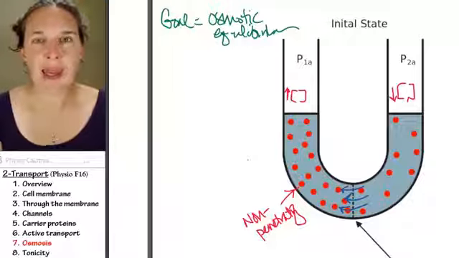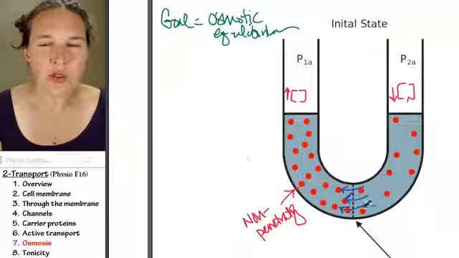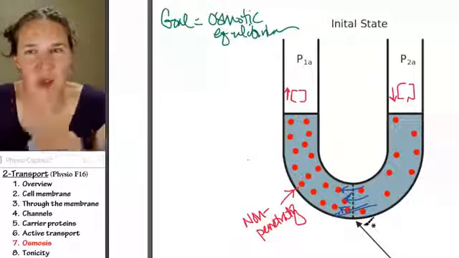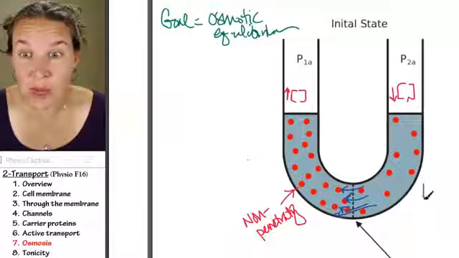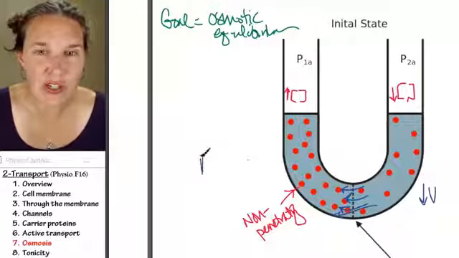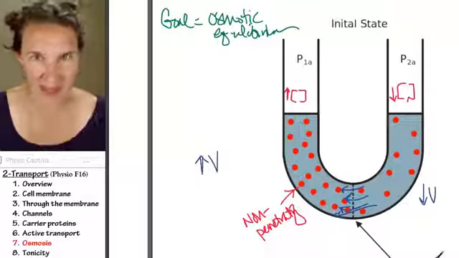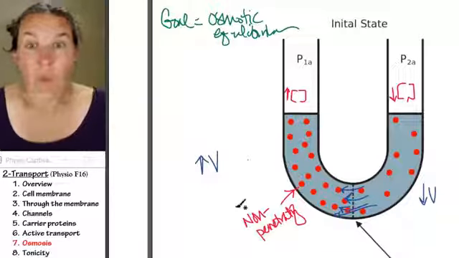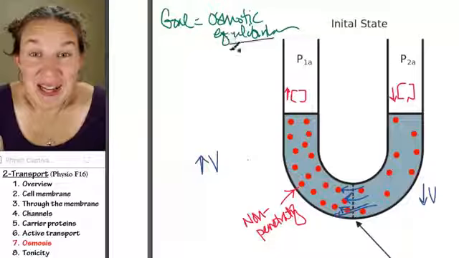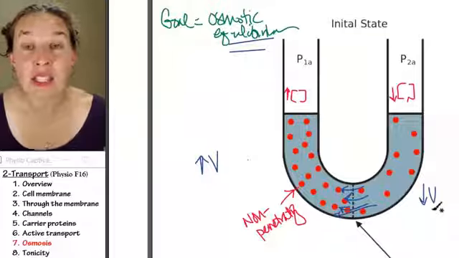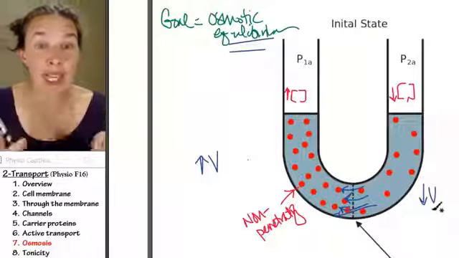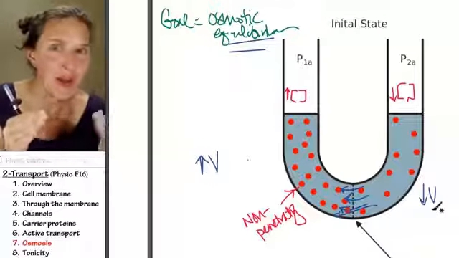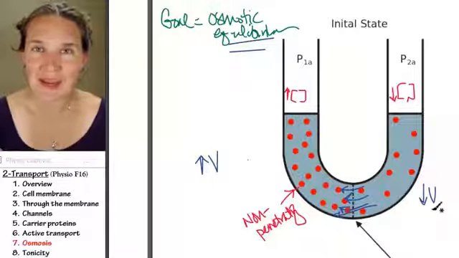If water moves from this side, do you agree that we'd be decreasing the volume on this side and increasing the volume on this side? For how long? How long are we going to let water move? Until osmotic equilibrium is reached, until the osmolarities on both sides of my U-tube are the same.